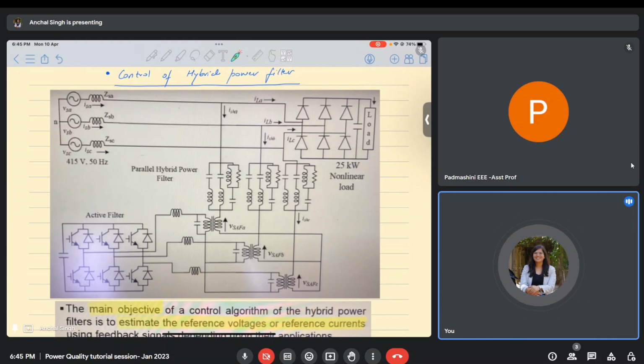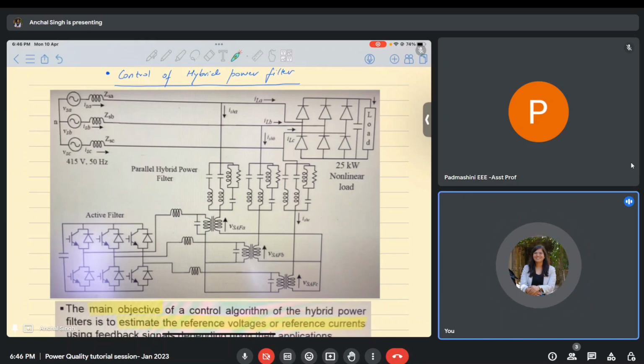But in literature, there are a lot of algorithms available that you can use. You just have to focus on the basic principle behind these, what can be the input of these algorithms, and what should be the output.